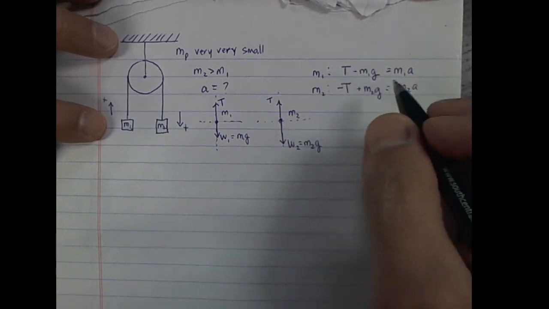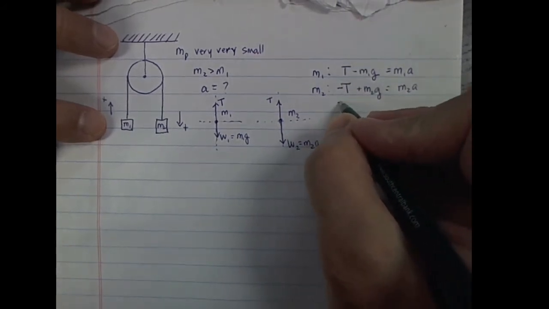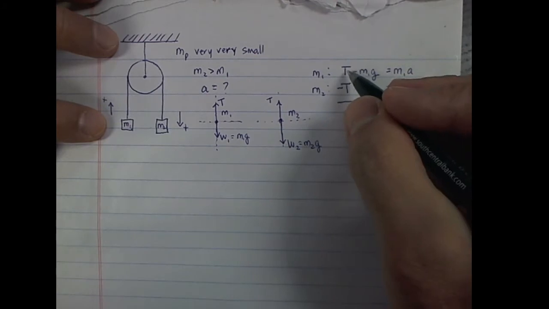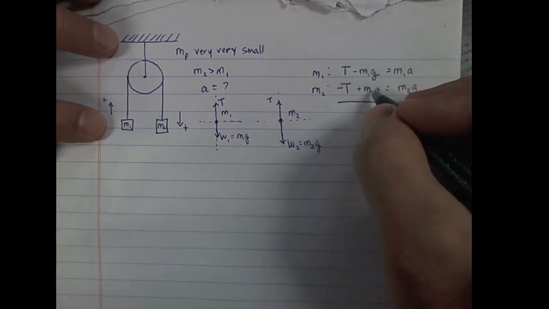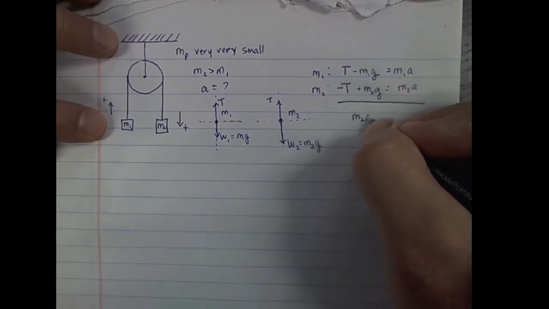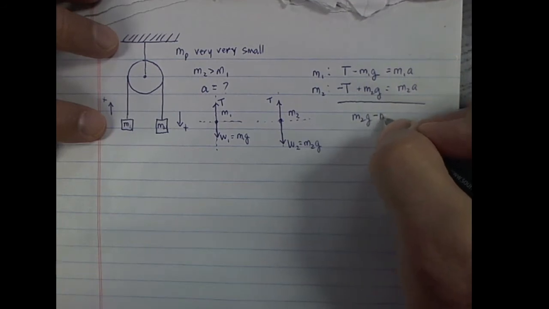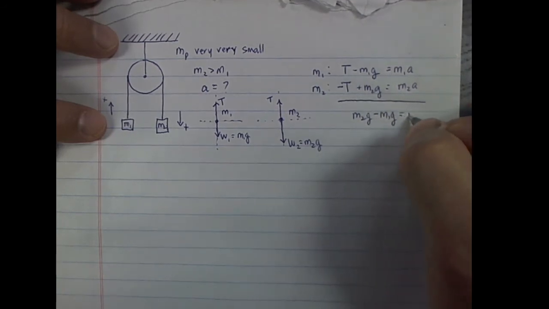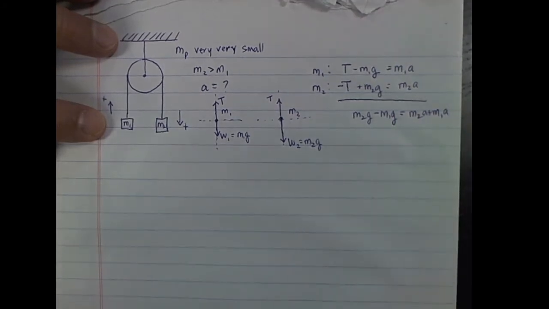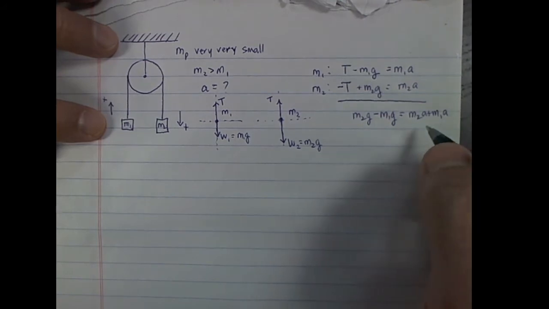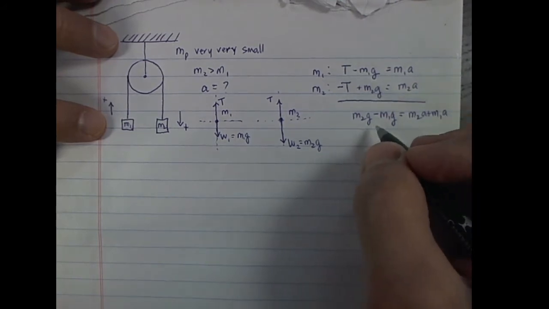When I see something like this and I see a negative and a positive, the easiest way to get rid of that tension is just add the two equations. When you add them, T and a minus T becomes 0. We have M2G minus M1G, and on this side we have M2A plus M1A. Okay, we're looking for A, so I'm going to do a little factoring here.